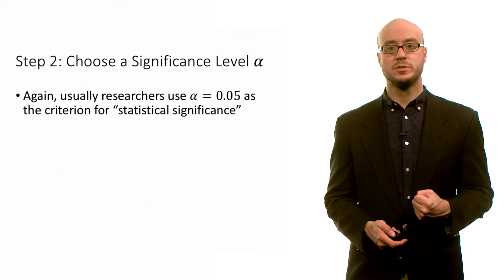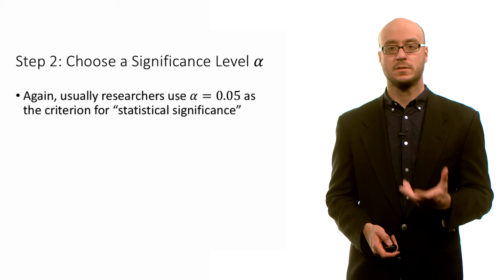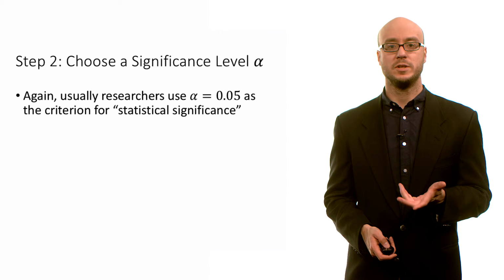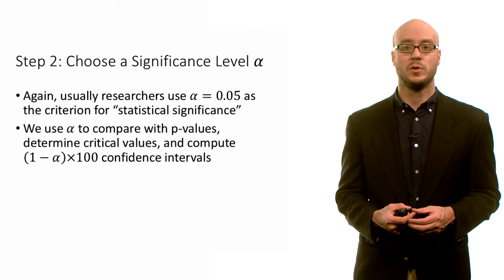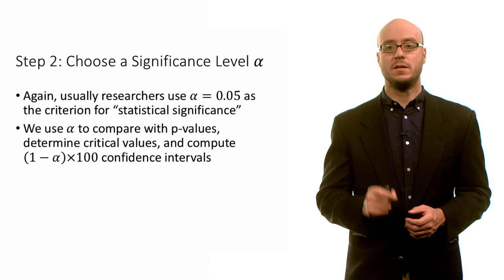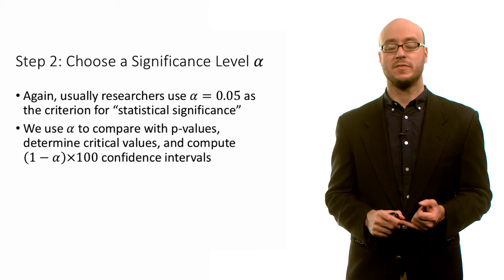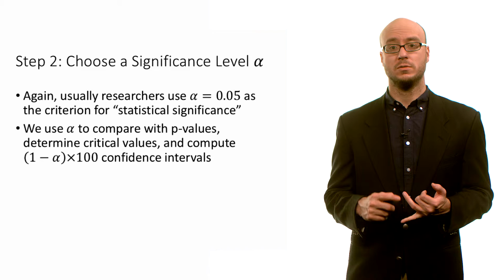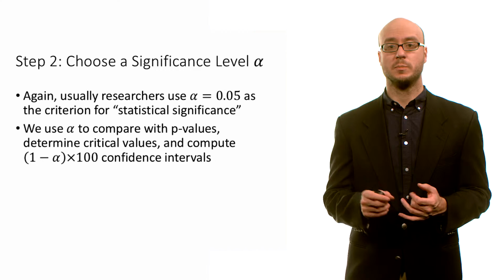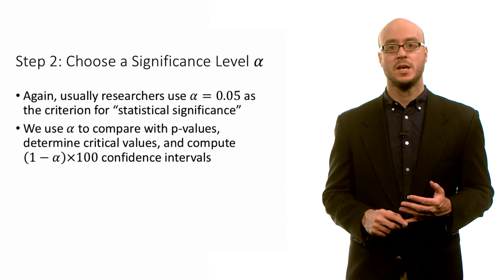For step 2, we choose our significance level alpha. This is the criterion that we use for statistical significance. Typically, in the social sciences, we use an alpha of 0.05. The selection of alpha is important because it affects how we make a decision based on the p-values. It's the benchmark by which we compare whether the p-value is low.